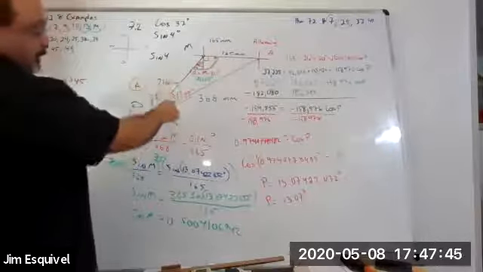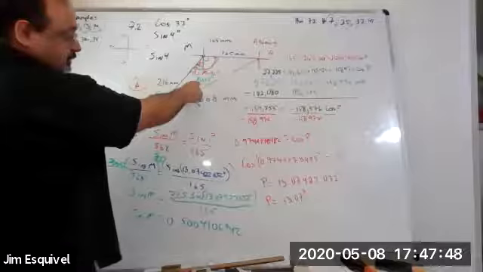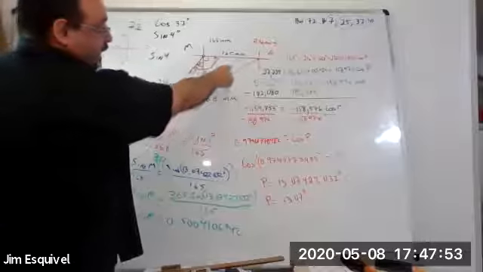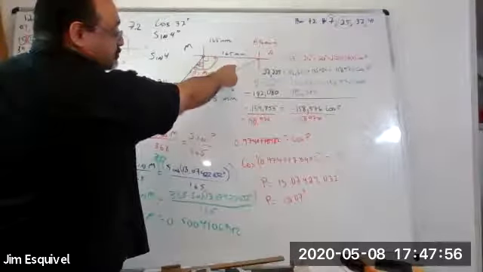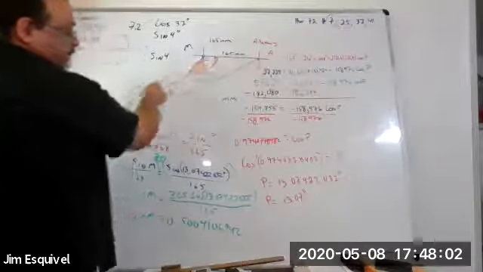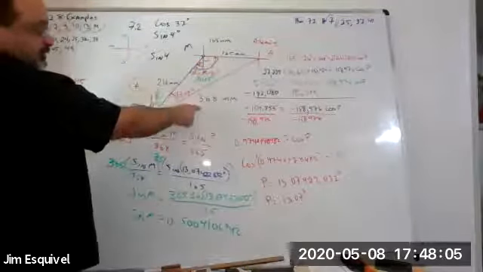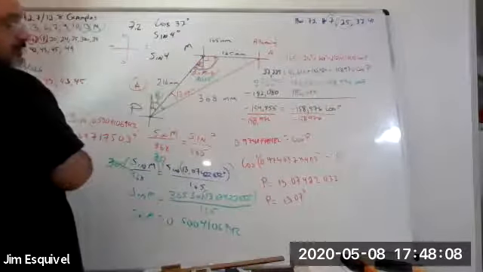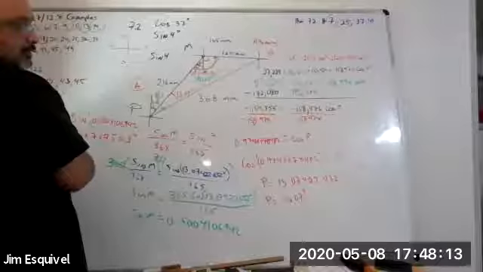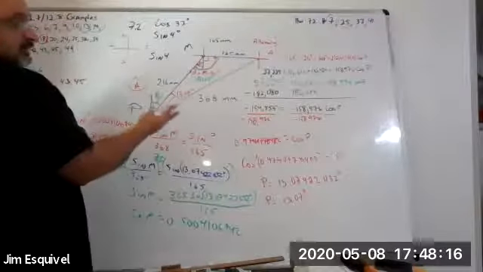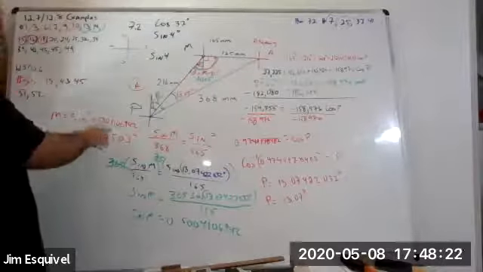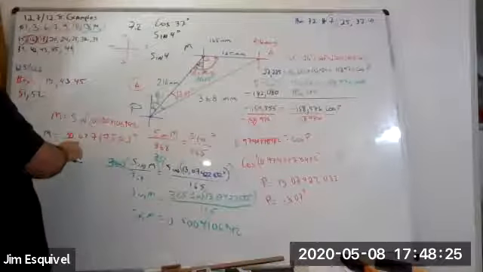Because when you think about it, if this is 13 and that's 30, they add up to 43. If this adds up to 43, then angle A has to be 137. Can angle A be 137 if that's a 216 and that's a 368? So when you do the inverse sine, it gives you 30 degrees.